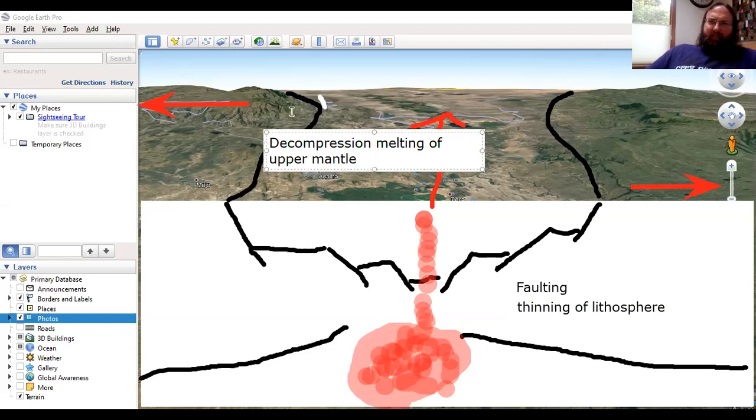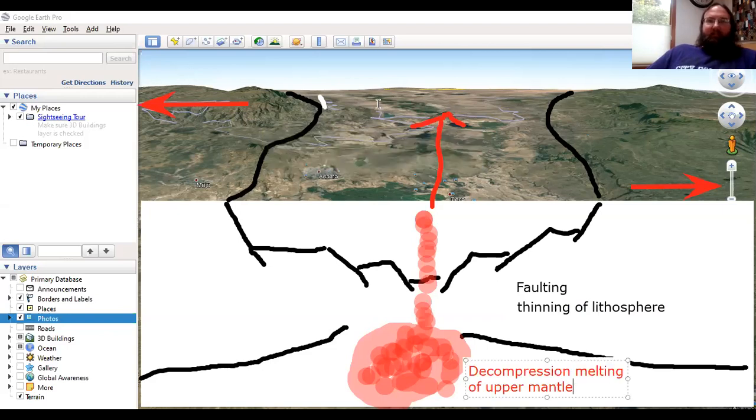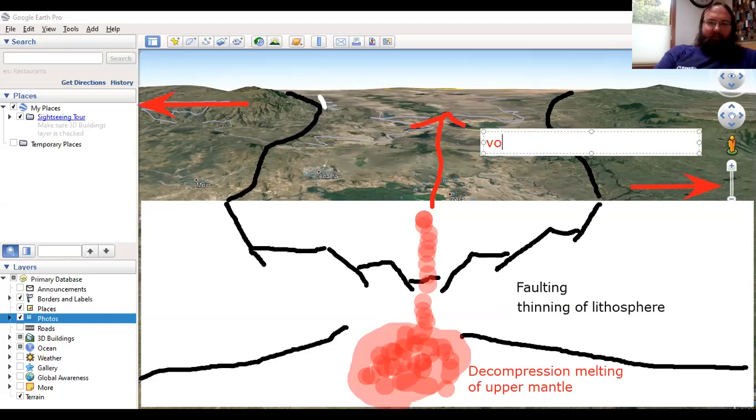We'll talk a bit more about decompression melting, but I always like to emphasize this early on because the more you hear this, the more plate tectonics in general and volcanism will start to make sense. As a result of this decompression melting, you're seeing volcanism at the surface.